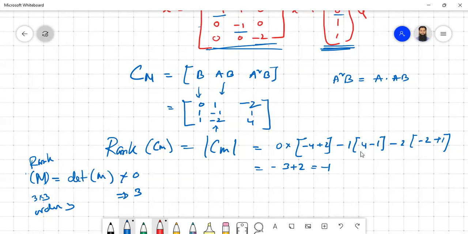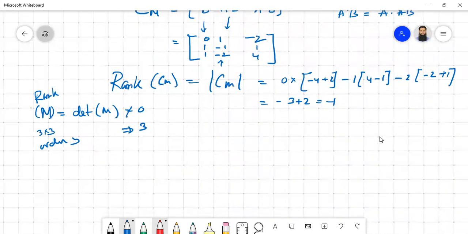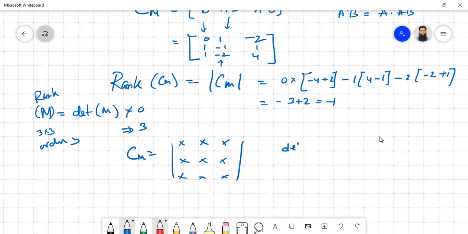Let me try to make it a bit more clear. You have a 3 into 3 matrix with values, say this is your controllability matrix CM. Now, if you find the determinant or the magnitude of CM and it is non-zero, that means it is of rank 3.